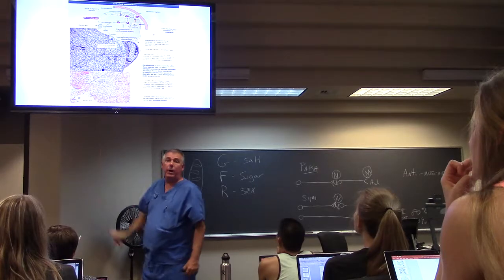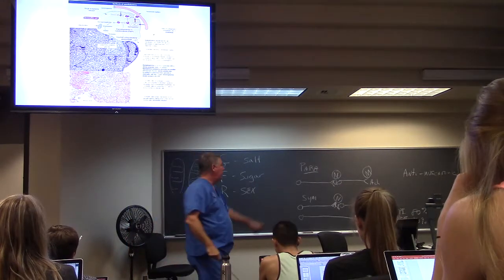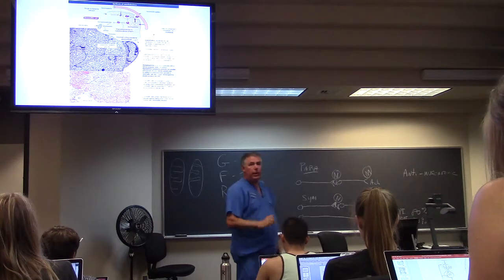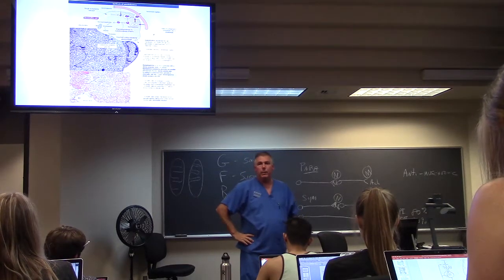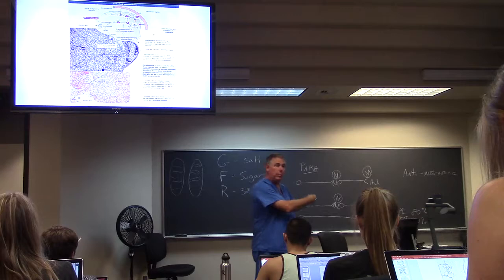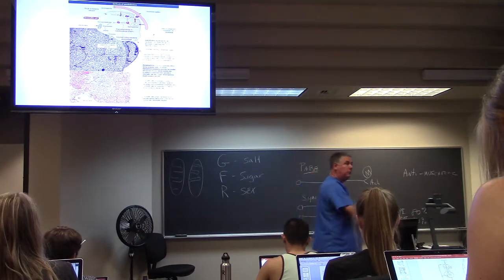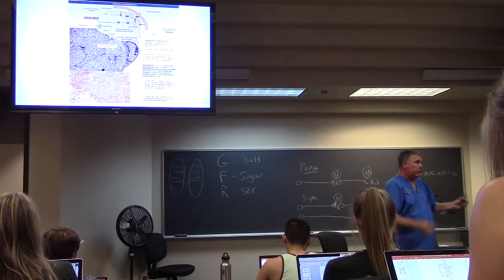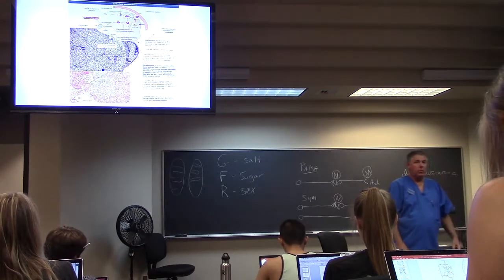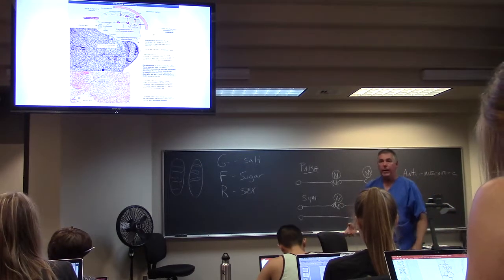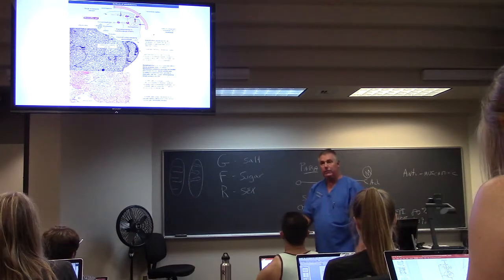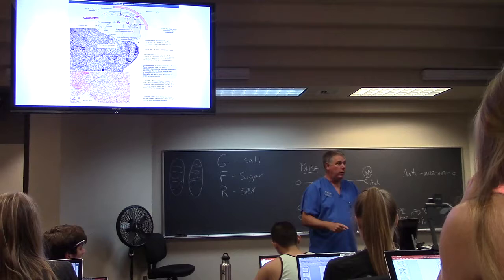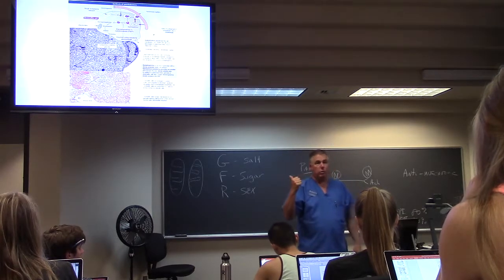The adrenal medulla dumps out norepinephrine and epinephrine that causes your get up and go. It raises your blood pressure, increases your pulse, so you're ready to go. It also constricts blood vessels, which is why half of all heart attacks occur between the hours of 6 a.m. and noon. It has to do with this cortisol spike.